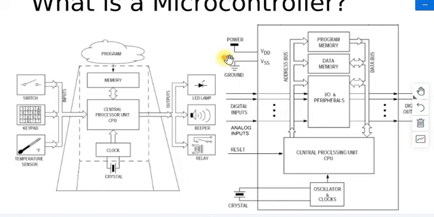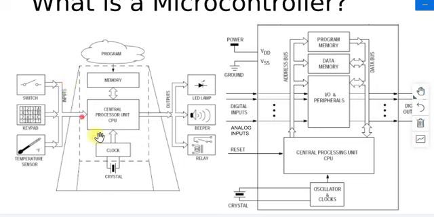So this much current is not sufficient to drive that type of motor. So additional circuits are required.